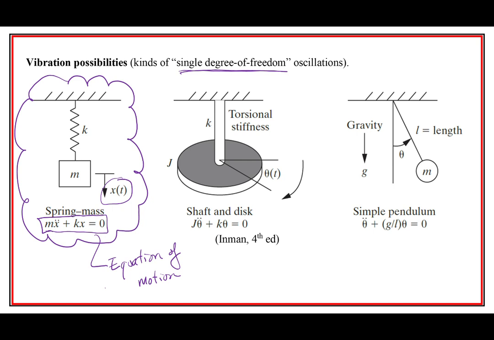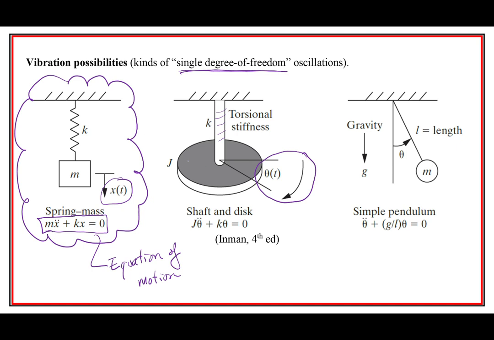But I'll continue on with my single degree of freedom. Here's another example where now our degree of freedom is the rotation. So this is some type of shaft. It has torsional stiffness and it resists rotation.